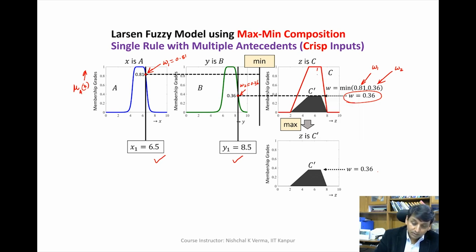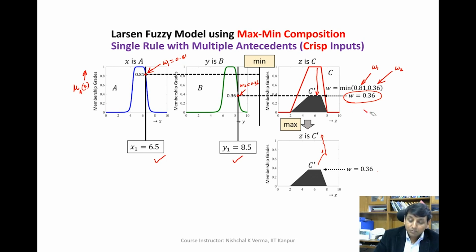here, to this value W. So this W is equal to 0.36. So we'll use this value here and we'll bring the height here. Accordingly, the fuzzy set will be scaled. So the formula that we use here is, we get the new fuzzy set like this.